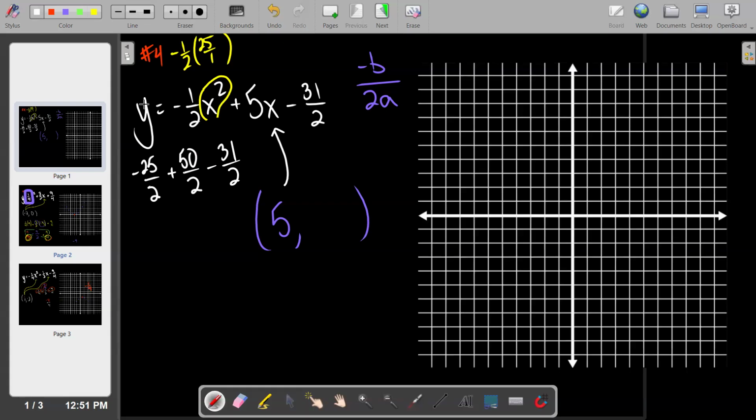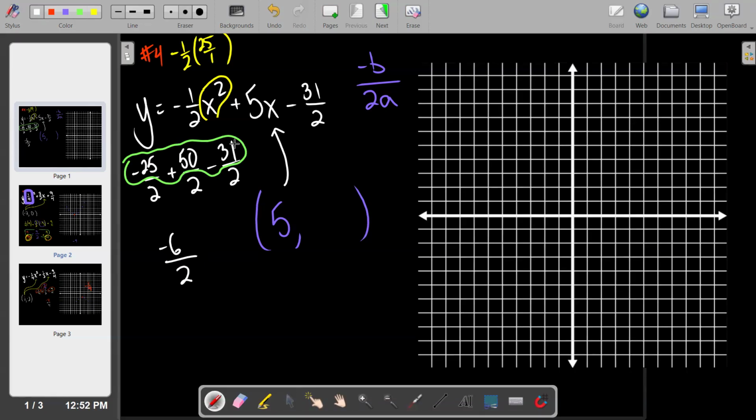Quite the contrary, right? So when I do this math up here, I know that the answer is going to have a 2 on the bottom. And then when I do the green caterpillar, I go negative 25 plus 50 is 25. 25 minus 31 is... whoa. 25 minus 31 is negative 6.